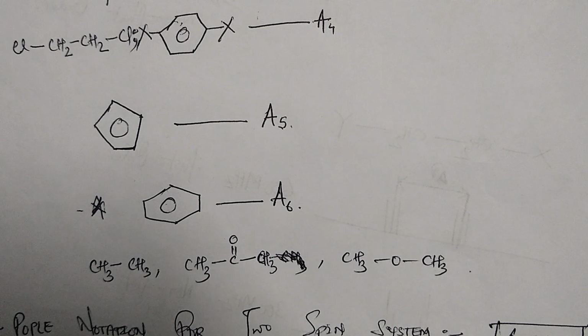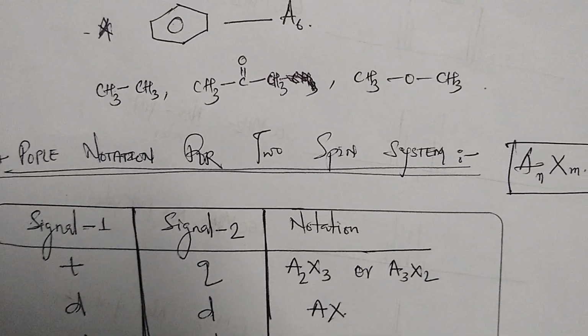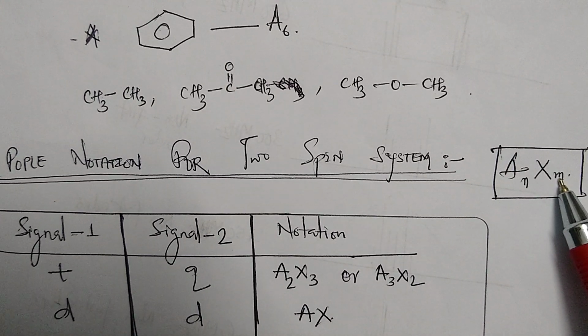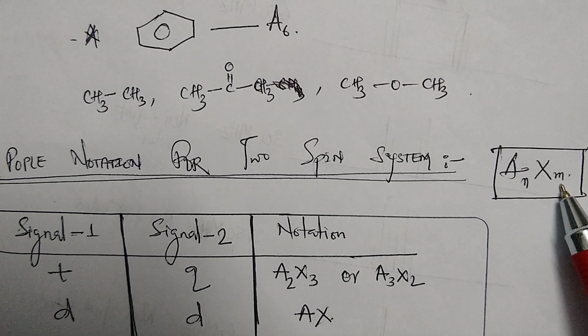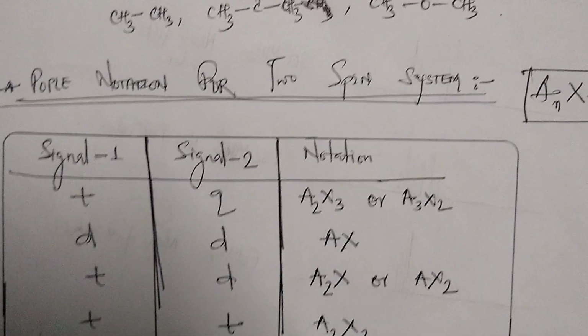With that, we will move towards the Pople notation for two spin systems, and it is represented by AnXm, where the values of n and m will be according to the multiplicity of the signals. For that, we will consider this table over here.